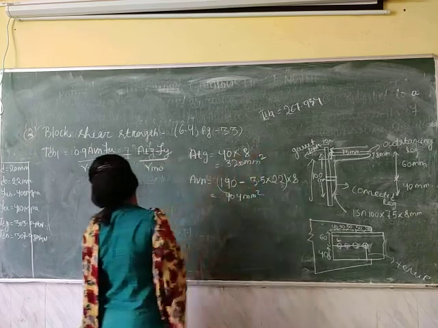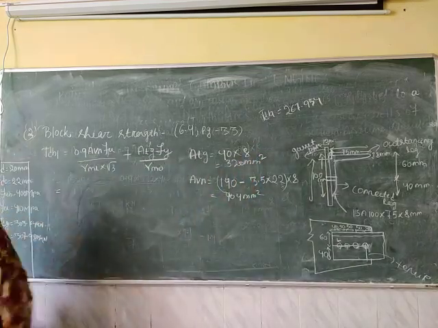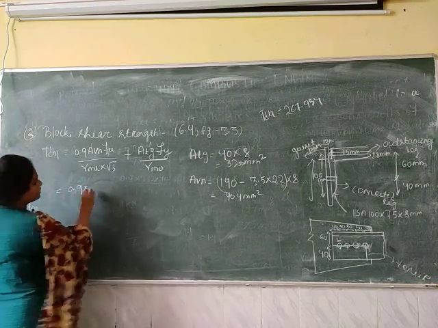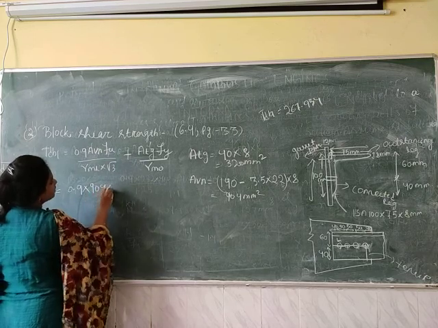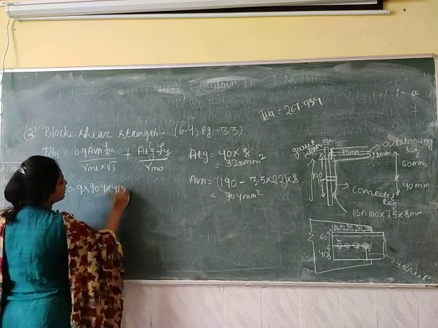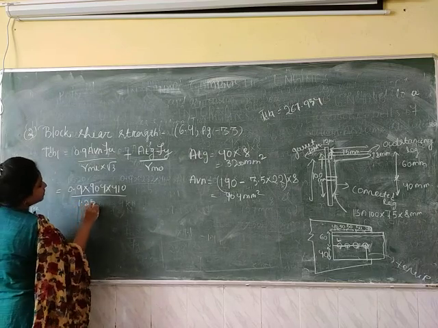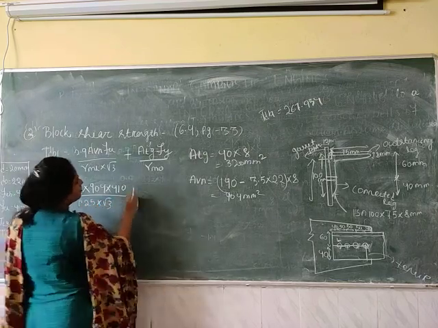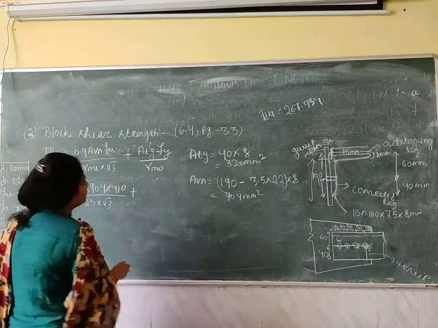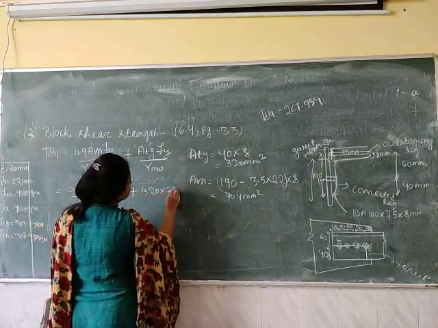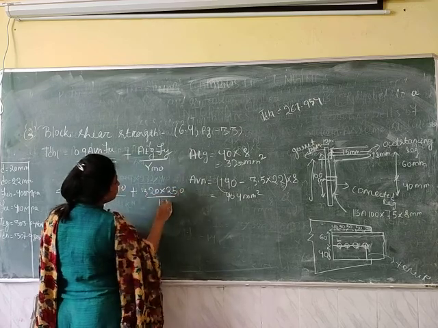Then put all the values in this equation. So 0.9 into AVN, that is 904, FU is 410, gamma ml is 1.25 into root 3, plus it is 320, Fy is 250, gamma m naught is 1.1.